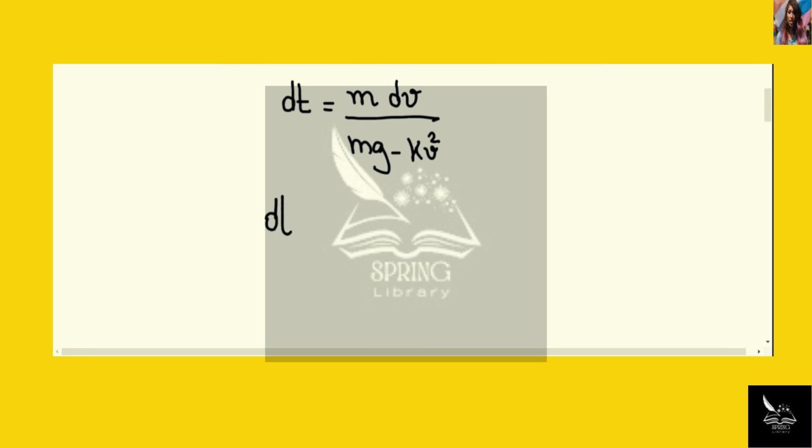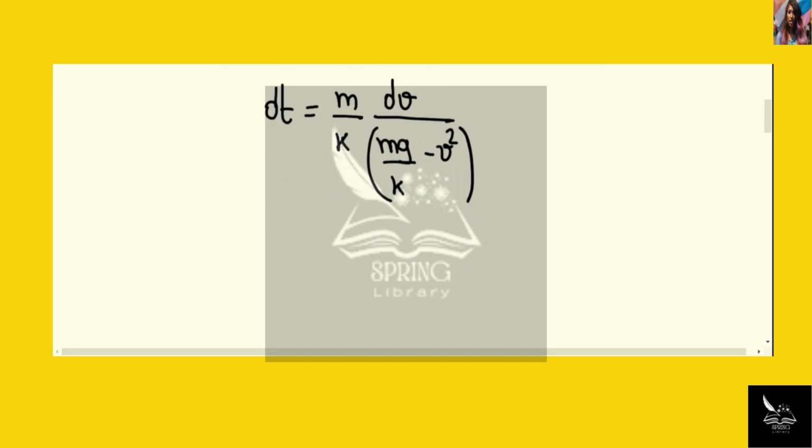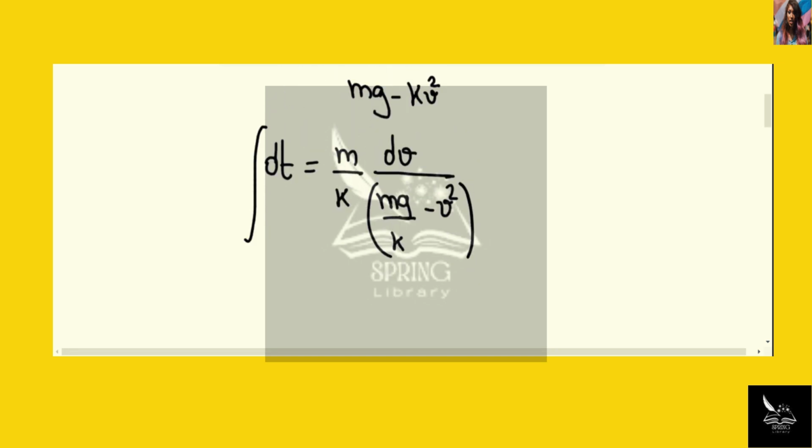So dt is equal to m divided by k times dv divided by mg over k minus v squared. And now we can integrate both sides in order to obtain v as a function of time.